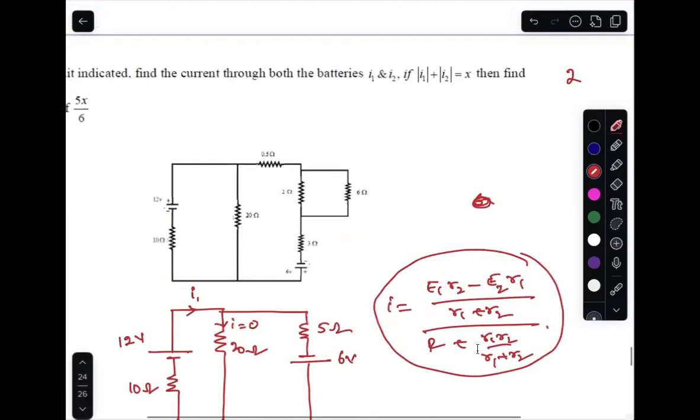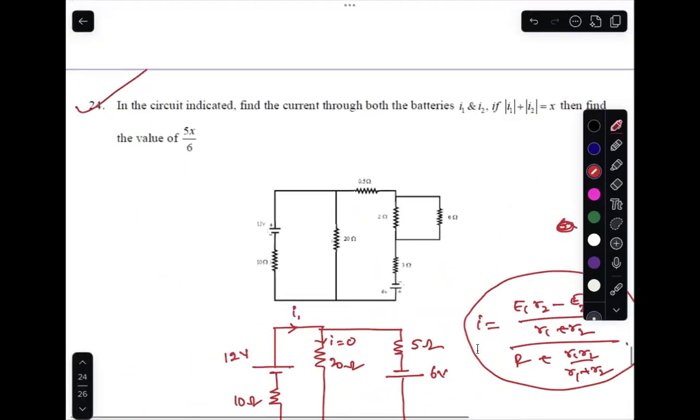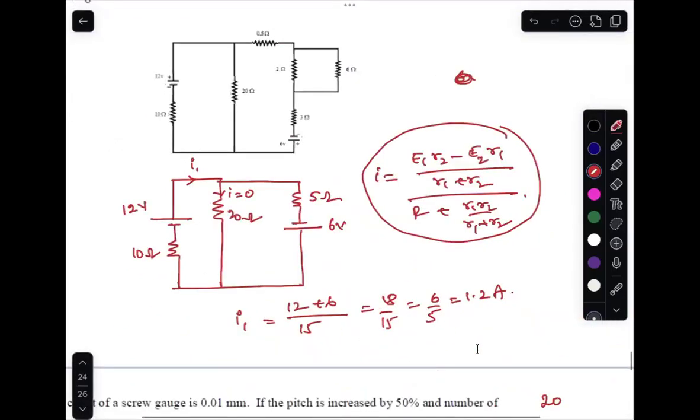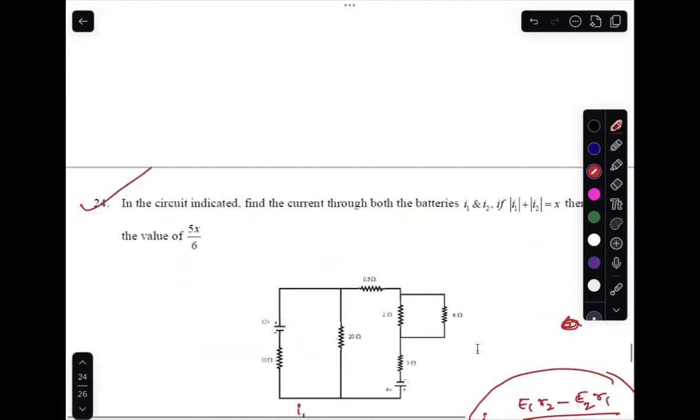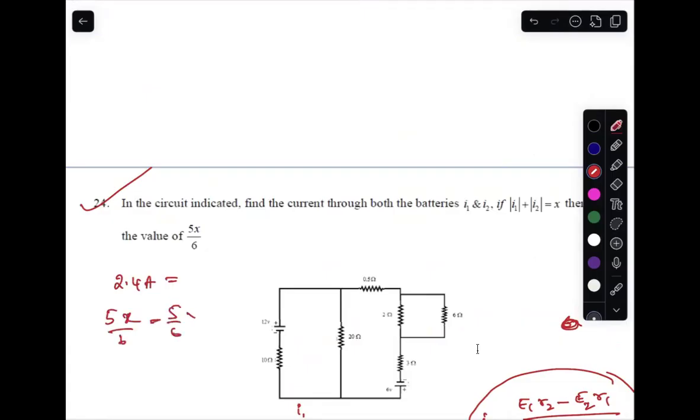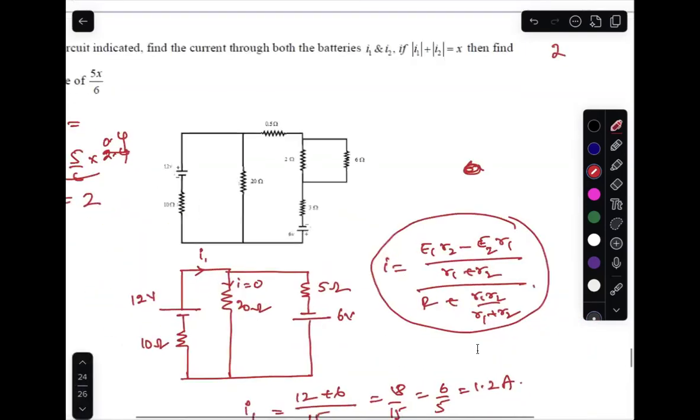So 1.2 plus 1.2 is 2.4 amps. So what they want is 5 by 6 times of 2.4, which is 2. The answer is 2 for this.